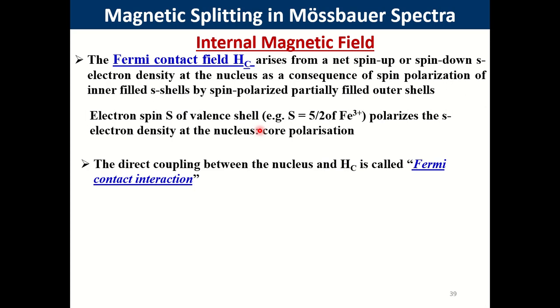One example we can talk about here is that of S = 5/2 Fe3+, where you have 5 unpaired electrons, which can cause this kind of polarization. And when this field interacts with the nucleus, we call it Fermi contact interaction. The fields are generated because of the different spin density at the nucleus.